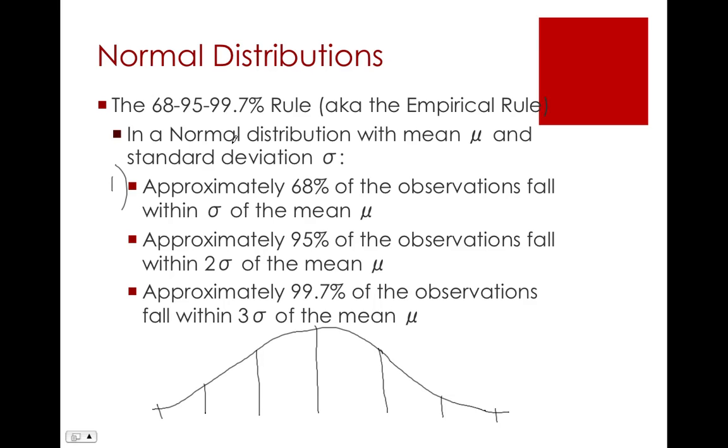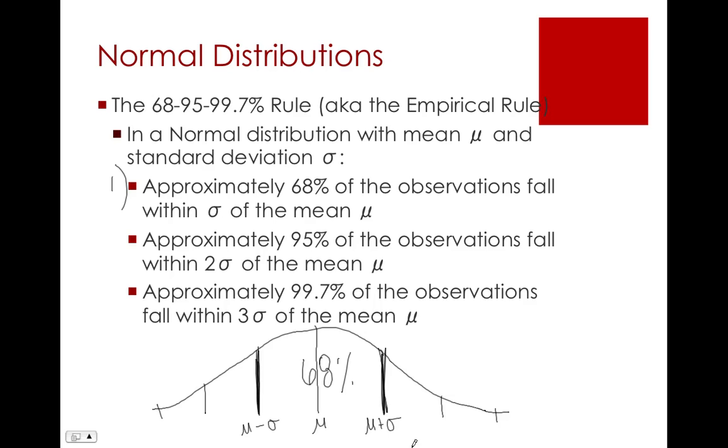All right, the first part of this rule, by the way, this rule is called the 68, 95, 99.7 rule. It's not a very cleverly named rule, but what it tells us is that if I go plus or minus 1 standard deviation from the mean, so in other words, from here all the way out to here, 1 standard deviation below, 1 standard deviation above, I capture 68% of observations. So this is mu plus 1 standard deviation. This is mu minus 1 standard deviation.